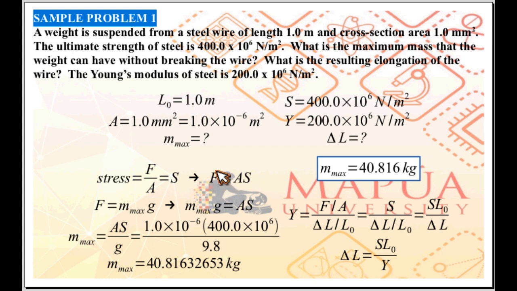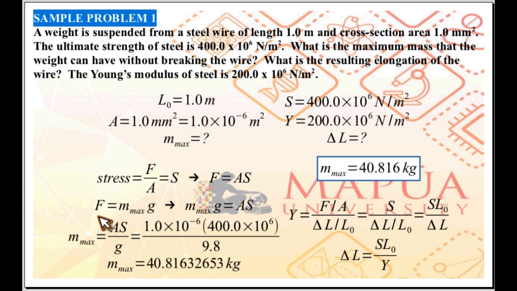Now, the force producing the stress is basically due to the weight of the suspended object. So F is equal to mg. Maximum stress is S. That means F is also at maximum. For maximum F, we set the mass to maximum.